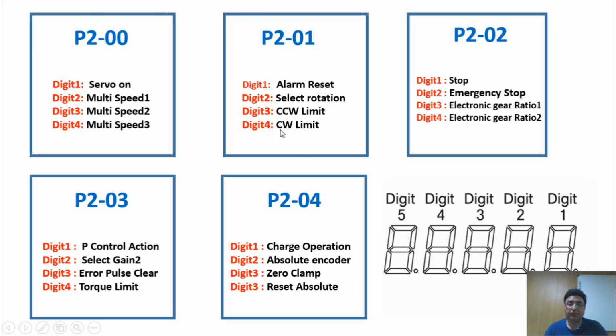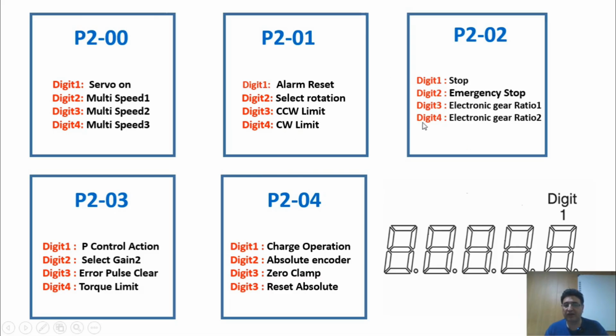The fourth digit of parameter P2-01 is directly related to the CW limit setting. Therefore, if you access parameter P2-01 and set the value of this digit, to which you can assign a numerical value from 1 to 10, then depending on the number you choose, you can assign one of the servo's digital inputs to control the CW limit function.